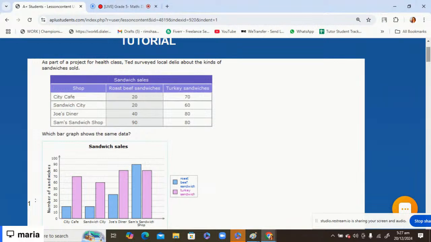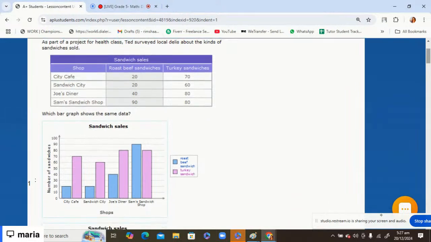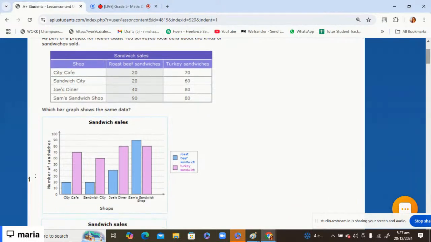Okay, let's see it. The number of sandwiches is given from 0 to 80. City Cafe: it's 20 for the roast and 70 for the turkey. It's right. Then Sandwich City: it's 20 the same and 60. This is also the same.